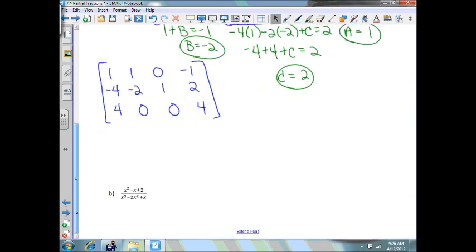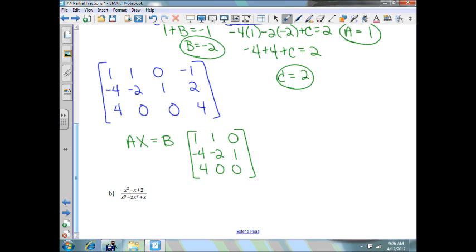Now you can also do it using inverse matrices, where A times X equals B. So we can have it 1, 1, 0, negative 4, negative 2, 1, 4, 0, 0, times matrix X, which is ABC, and that will equal negative 1, 2, 4.